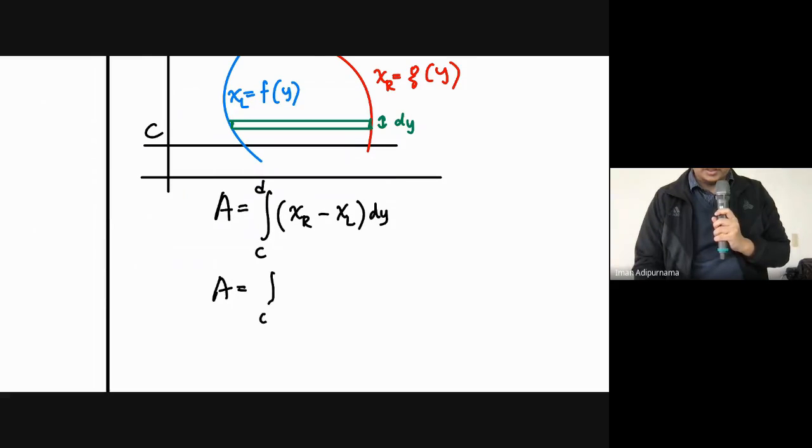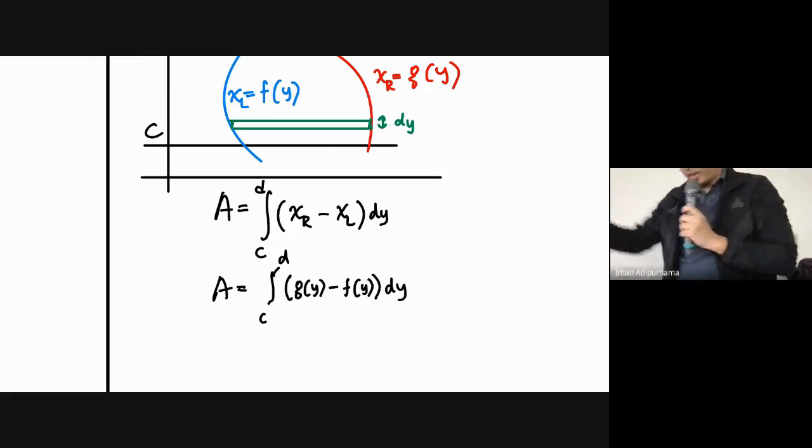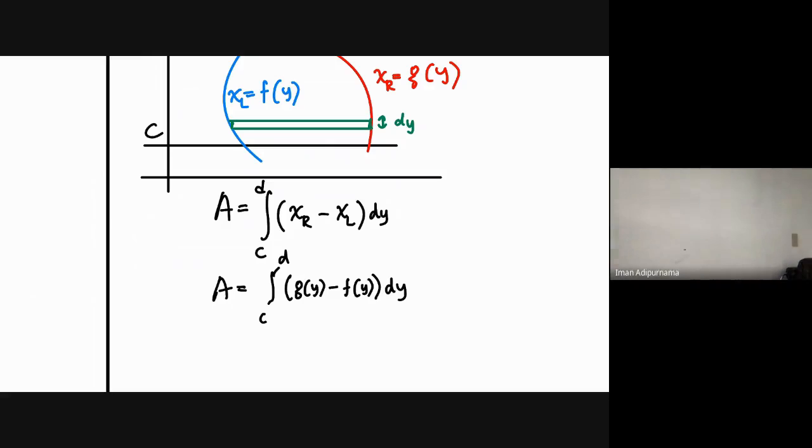Or in this case it is g of y. It should be f minus g, but yeah, I think that's also fine, as long as you understand the concept, okay? So g minus f based on our definitions up there.